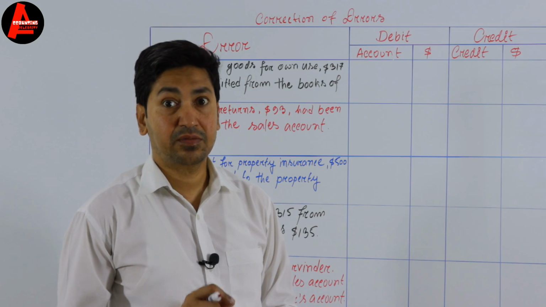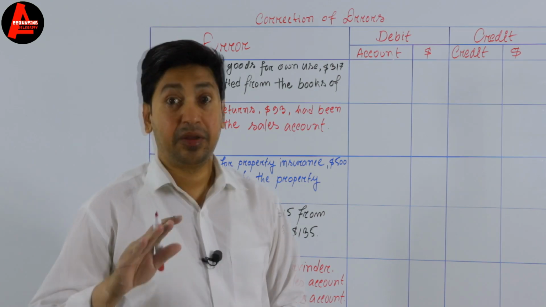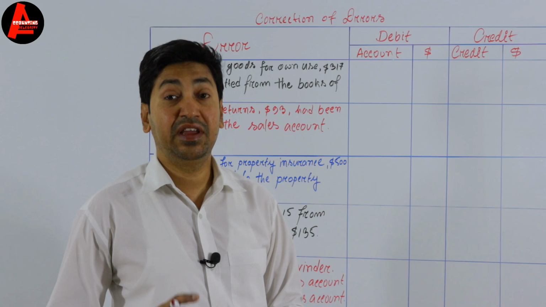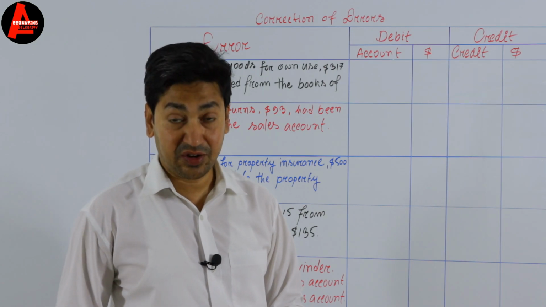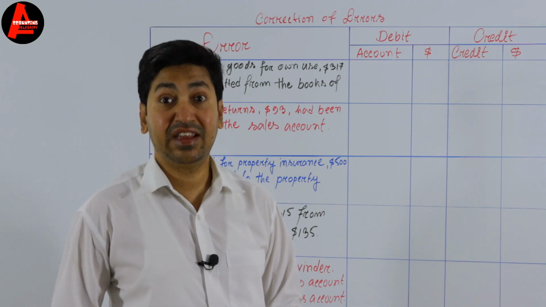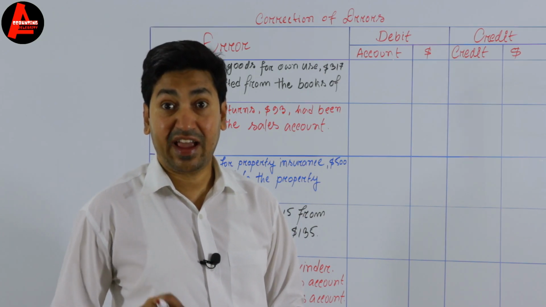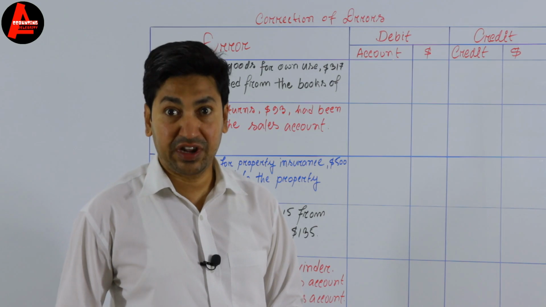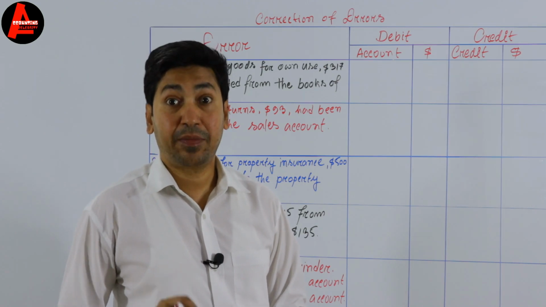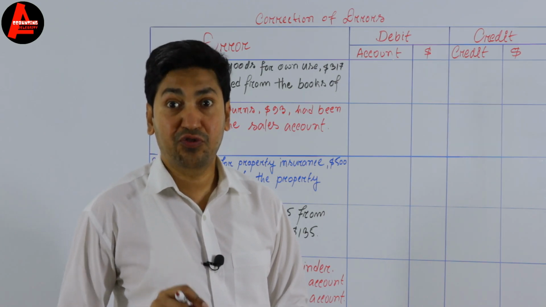So when this term comes, goods for own use, the purchase of the business will be decreased. Okay, so purchase is an expense. When expense decreased, expense will be credited. That means the purchase will be credited.